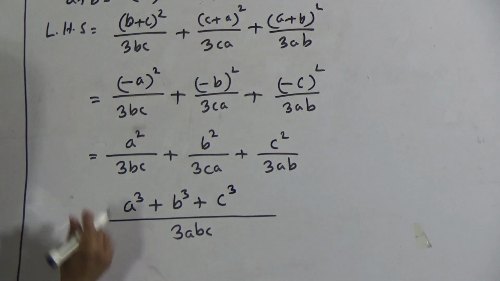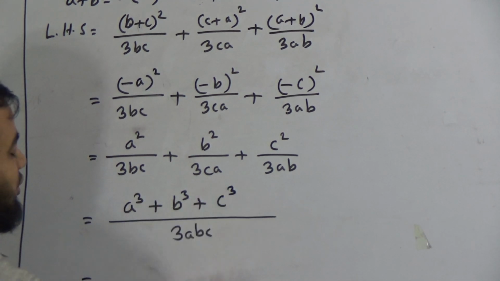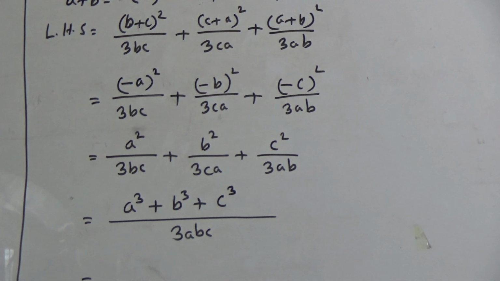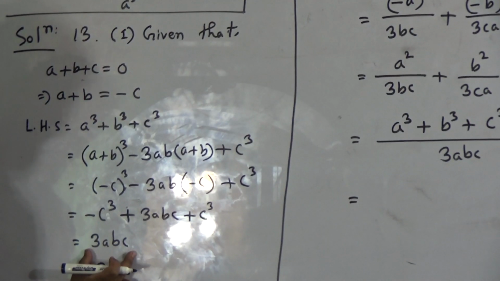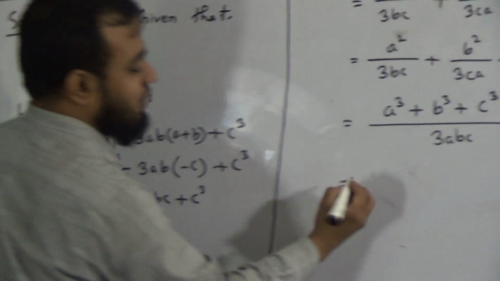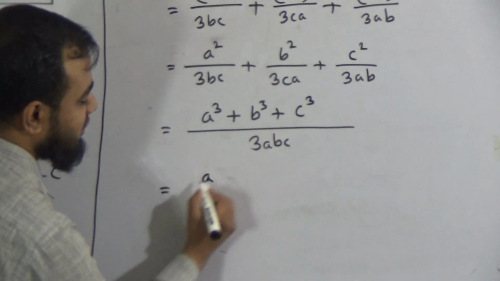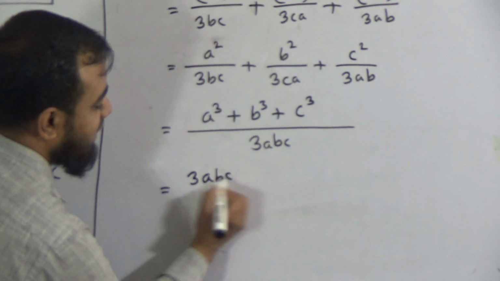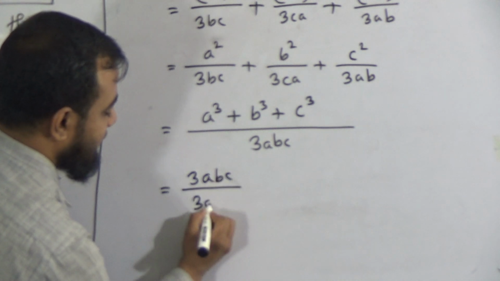We can put the value of a³ + b³ + c³, that is equal to 3abc from the first solution. So you can write here, in the place of a³ + b³ + c³, 3abc, whole over 3abc.